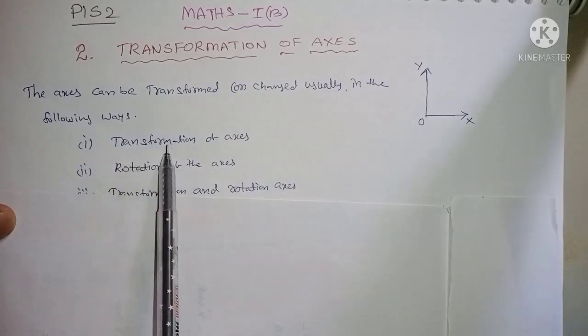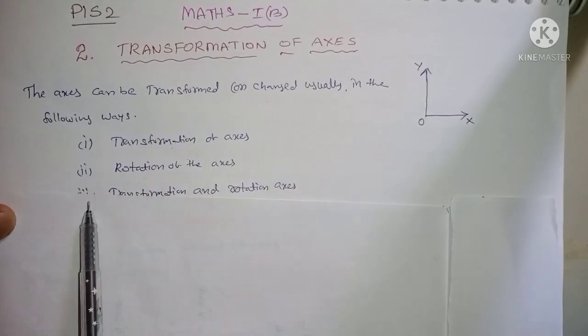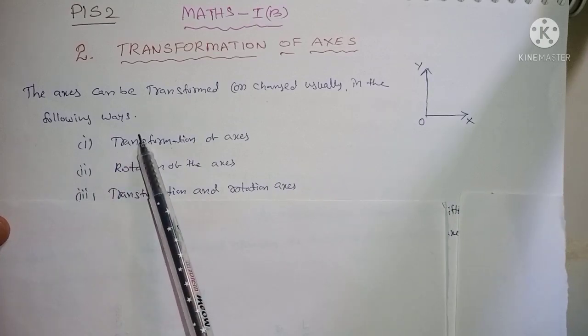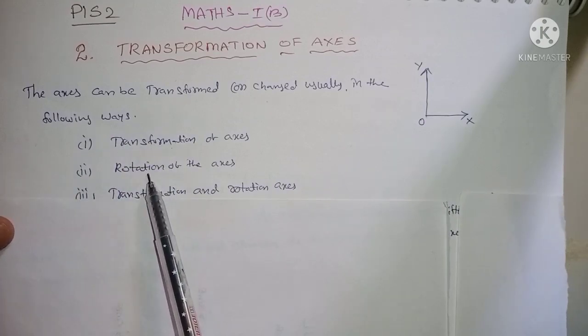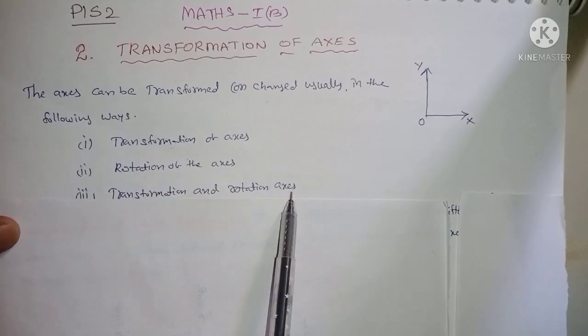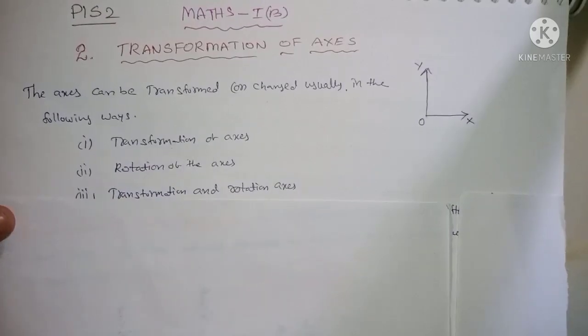The third one is nothing but a combination of the first two, that is, translation and rotation of the axis.